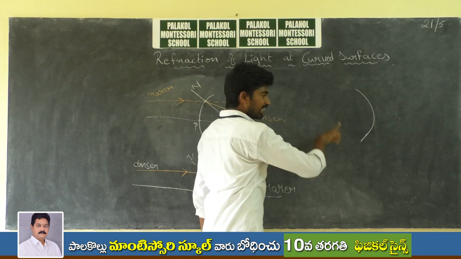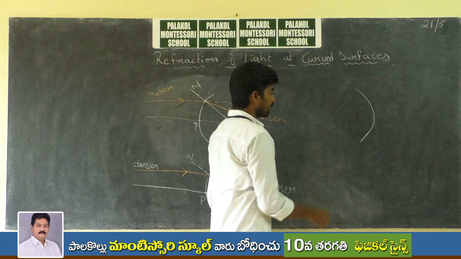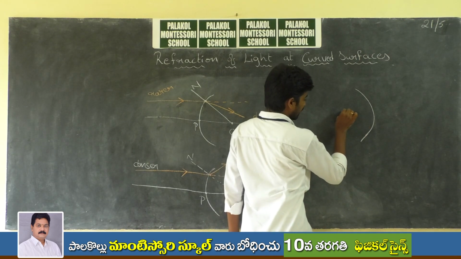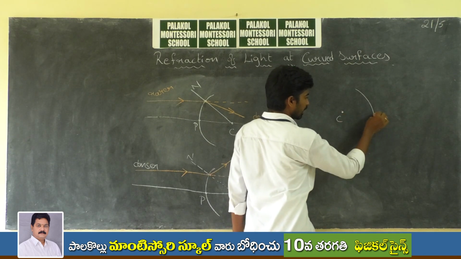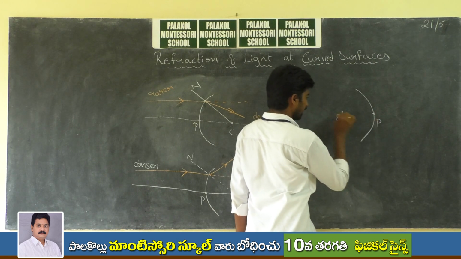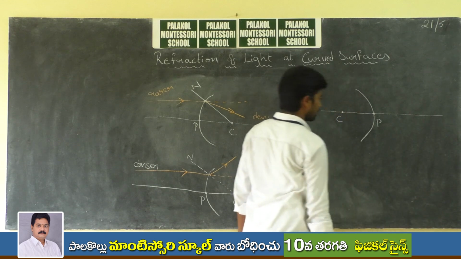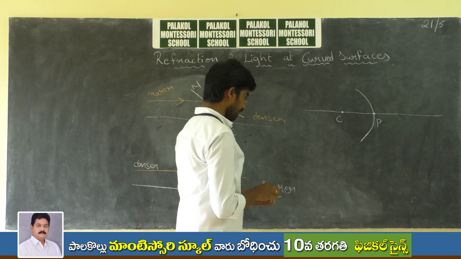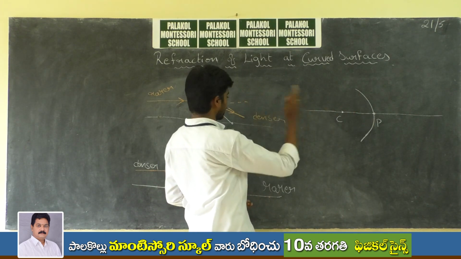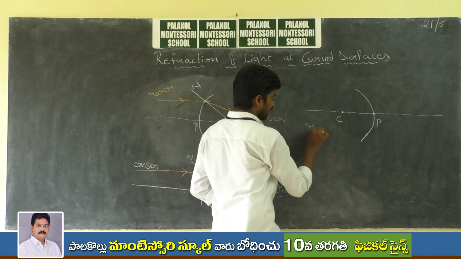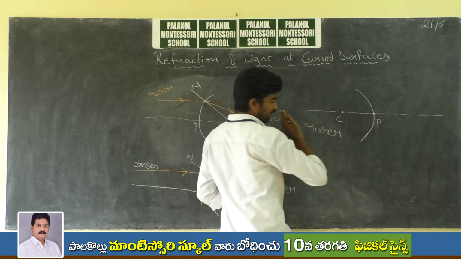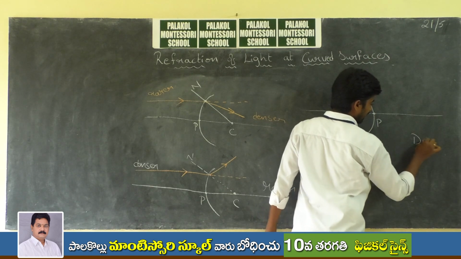This inward curved surface is called a concave surface. This is the center of curvature C, the midpoint of the curve is the pole, and the line joining the center of curvature and the pole is the principal axis. Now consider the left section as rarer medium and the right hand section as denser medium.